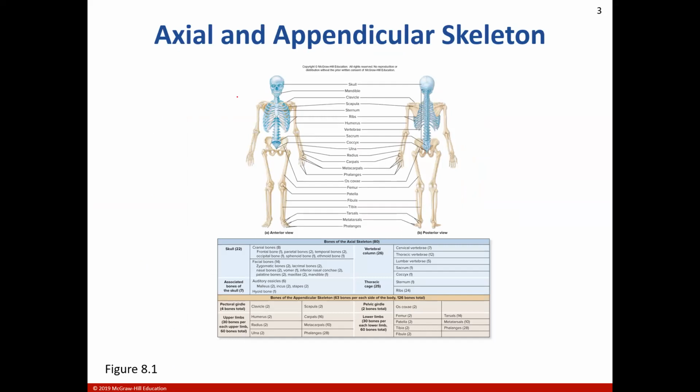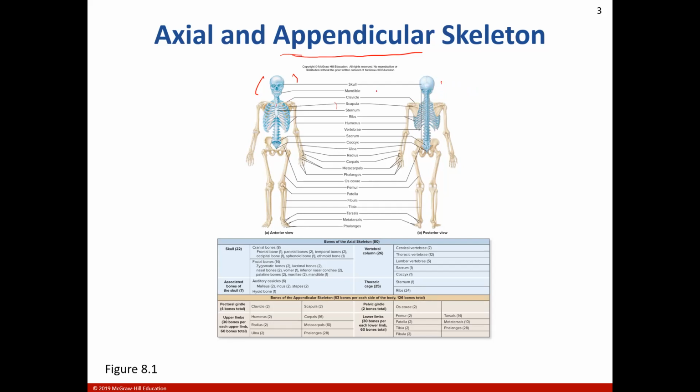The blued out parts here are basically the axial skeleton, and you can see it's along the long axis. Appendicular has to do with the appendages, which are the arms and the legs. So we'll do them next time. And believe me, they're both just as involved. There's a lot to do. The skull's pretty difficult as far as memorizing, but you have your checklist and the MH Connect.